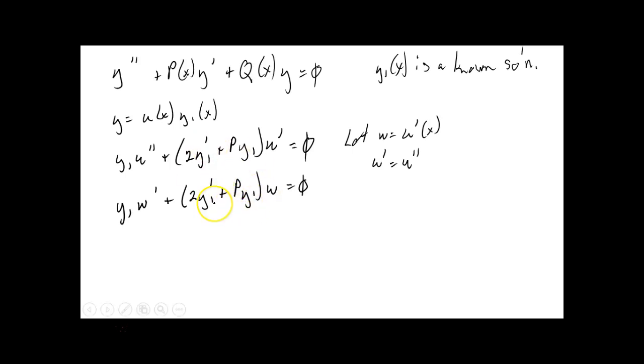This is all a function of x. 2y1 prime of x plus p y1 of x is also a function of x, and that's equal to 0. So that's a linear equation. Now what they're suggesting here is this is also separable.